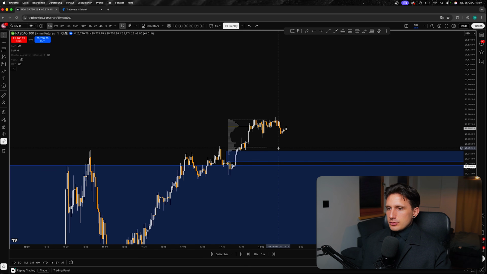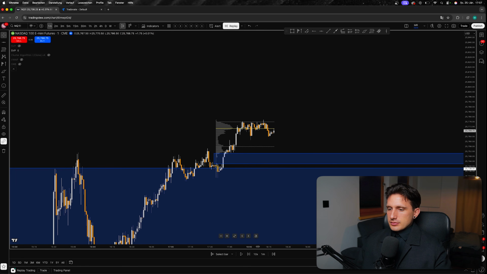Right now you can see we are in the range, so I'm dragging my volume profile further. Let's play this further out. You can see that we are coming back to value area low. Of course, you can look out for a long play, but where should your stop loss go?